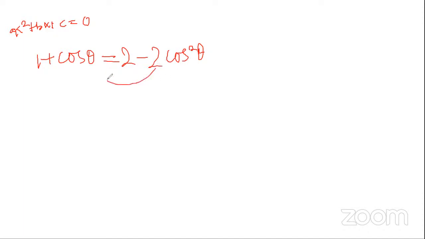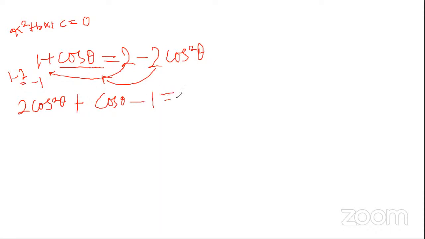So when we take this other side, it becomes 2 cos squared theta. Then we add this term, which is cos theta. Then when this one crosses, it becomes negative, so it will be 1 minus 2, and that gives us a negative what? And then we equate this to 0.